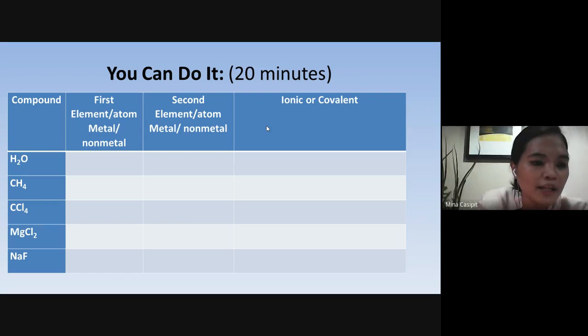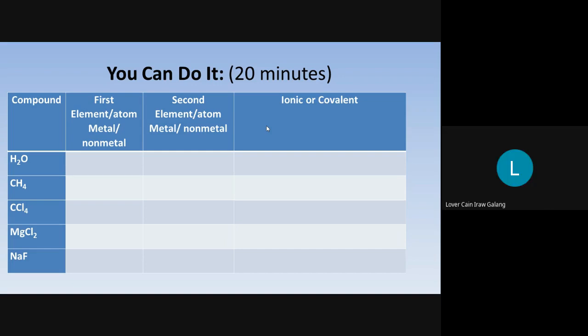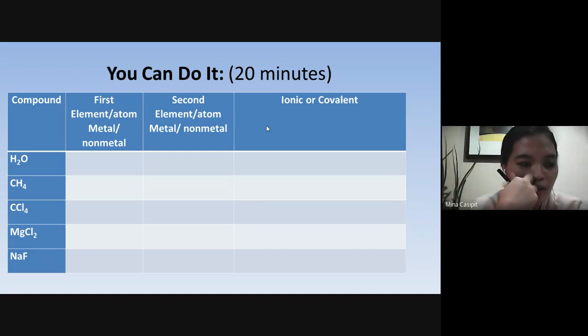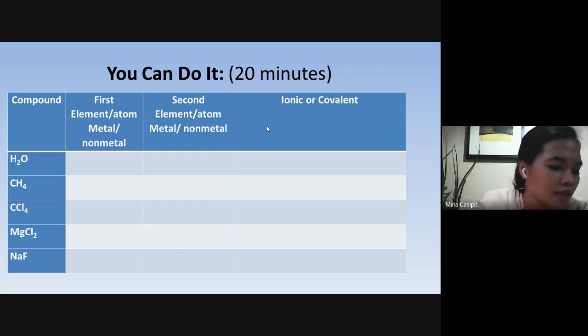Sige, who will help, lover? Wait lang po, ma'am. Sige, check nyo yung kodigo ninyo. Okay. Help, lover. Who will try to help, lover? Harry, nandyan ka pa?